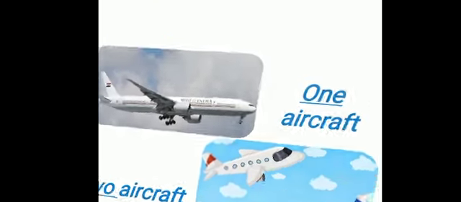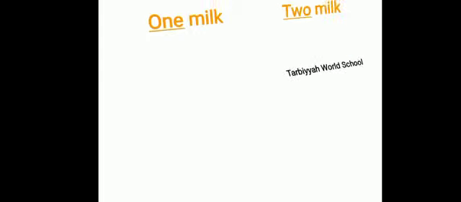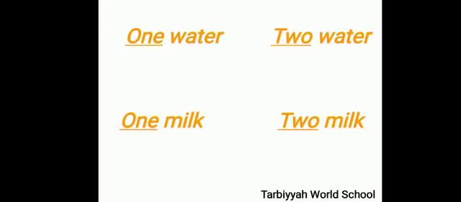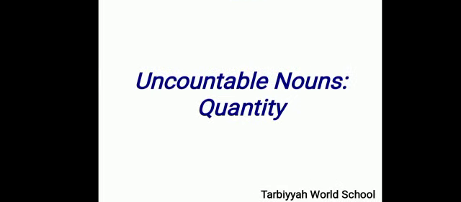But in the case of uncountable nouns, the names of things, people, etc., which cannot be counted, are known as uncountable nouns. For example, we cannot count one water, one milk, two milk. Most of them do not have a plural form and we cannot use a definite number before them.